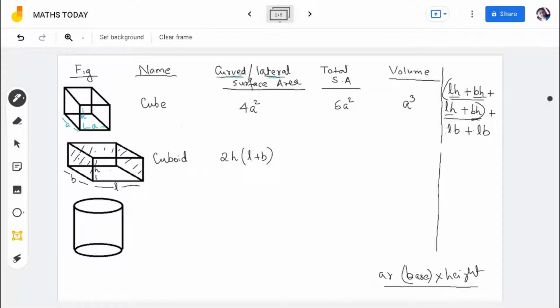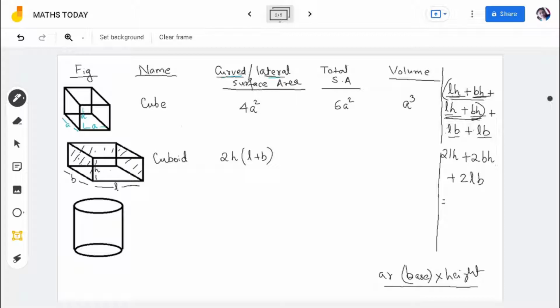Now what I have done here, I have added all the face areas, the top and the bottom, as well as the area of the curved surface. So let's see how much we have got. 2 times LH we are having, plus 2 times BH we are having, plus 2 times LB we are having. So out of these three, what can we take common?